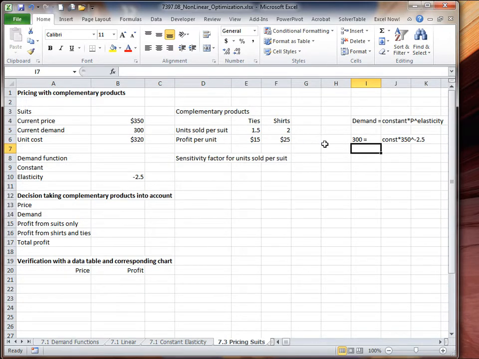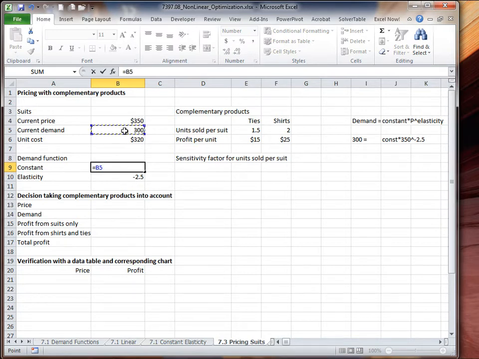So if we want to solve for the constant, all we have to do is take 300 and divide it by 350 raised to the minus 2.5. So I'm going to do that over here. My constant is equal to 300 divided by 350 raised to the minus 2.5. See where that constant comes from now?